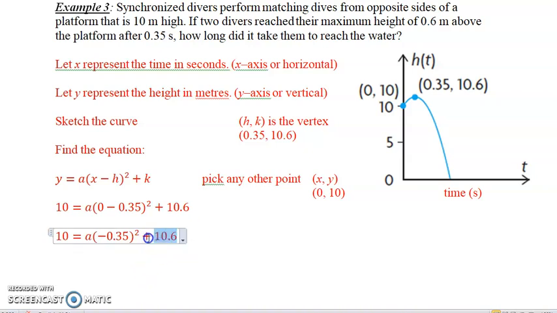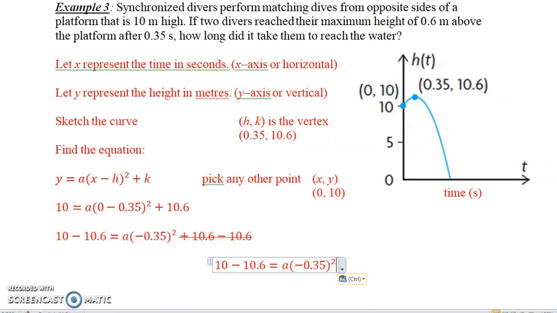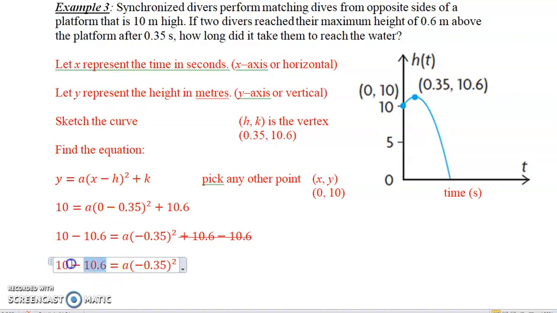At the same time, I might as well take the 10.6 over, so I'll subtract 10.6 from both sides. And that's gone, leaving you with 10 subtract 10.6 is negative 0.6. I can square the 0.35 and I get 0.1225.